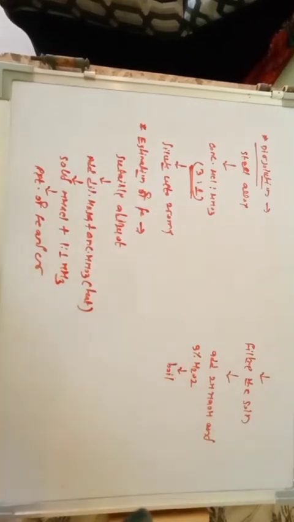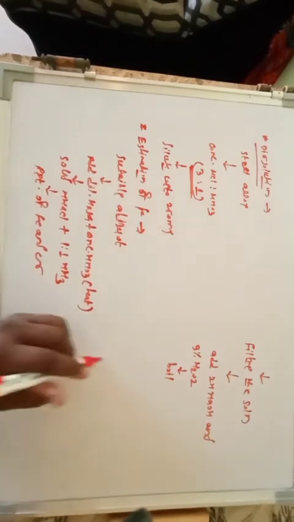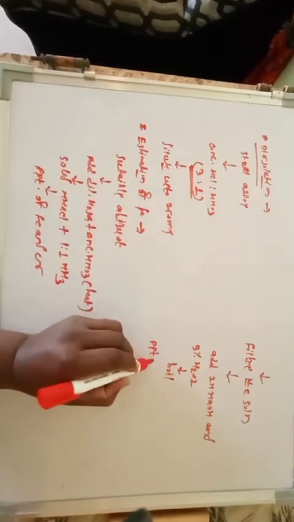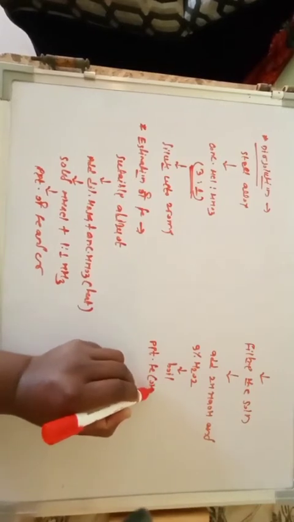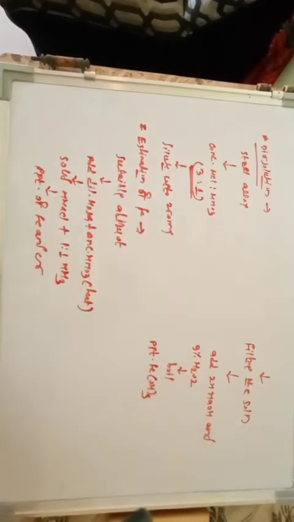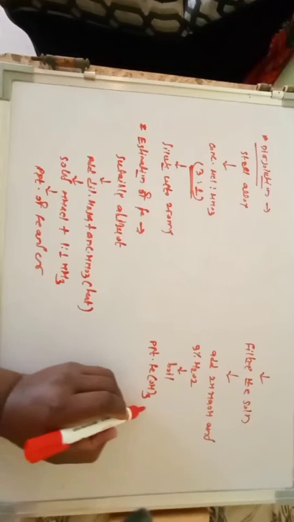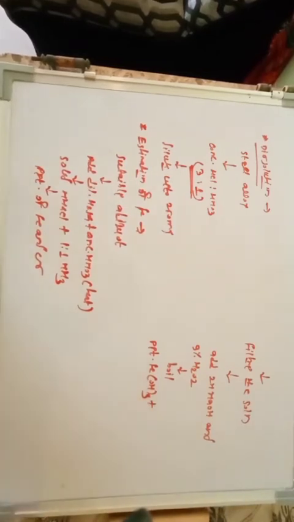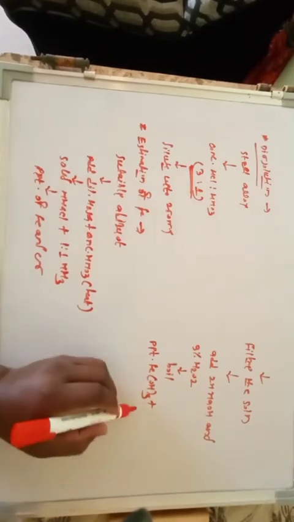So what happened after addition of this NaOH and H2O2? The precipitate of Fe(OH)3 remains as it is, while the precipitate of chromium hydroxide gets dissolved in this NaOH and H2O2 solution, and it is in solution form.